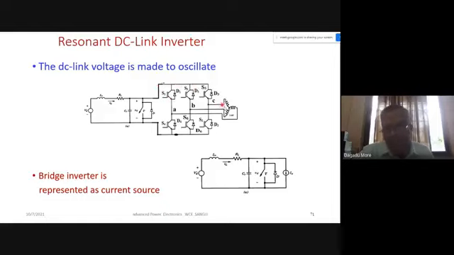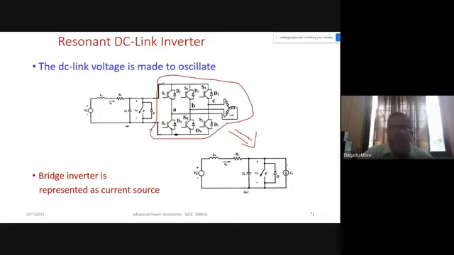So now this will be our very simple equivalent circuit, where the whole inverter and load is represented just as a current source, and other components are as they are.